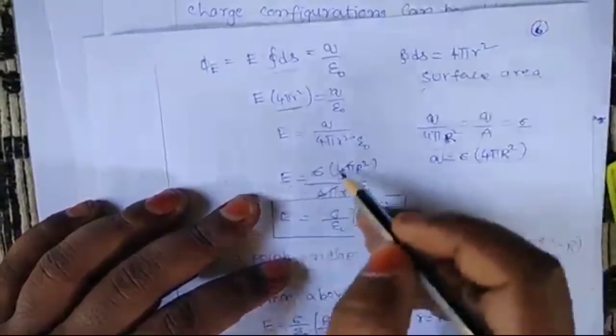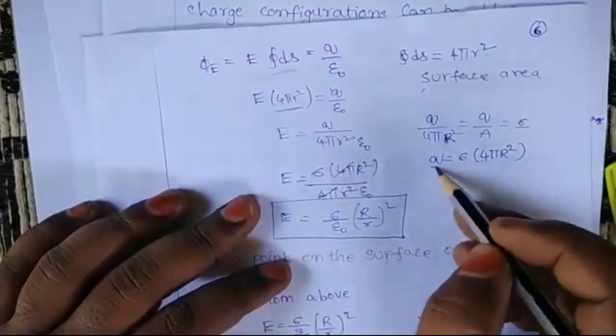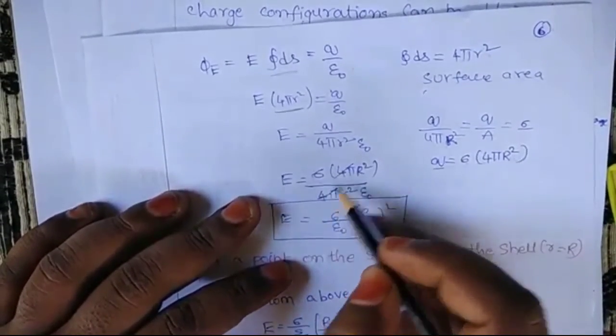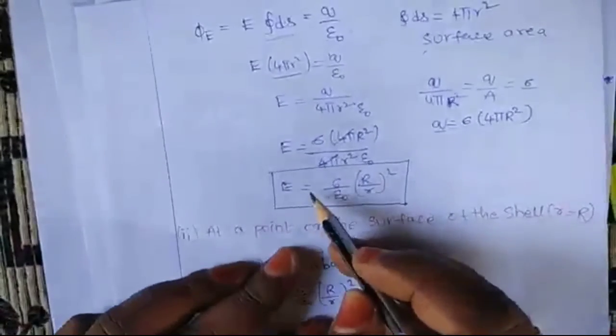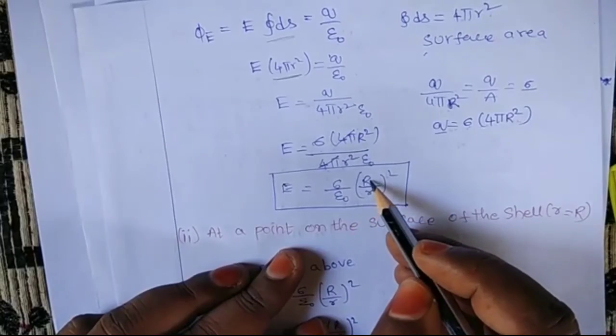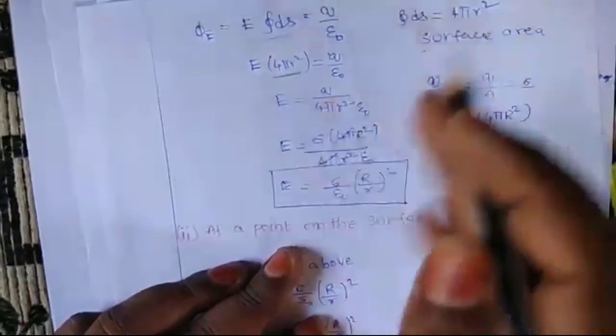By substituting sigma into 4 pi R square instead of q, with 4 pi r square epsilon naught already there, the 4 pi gets cancelled. So we get the electric field intensity E is equal to sigma by epsilon naught times capital R by small r, whole square.